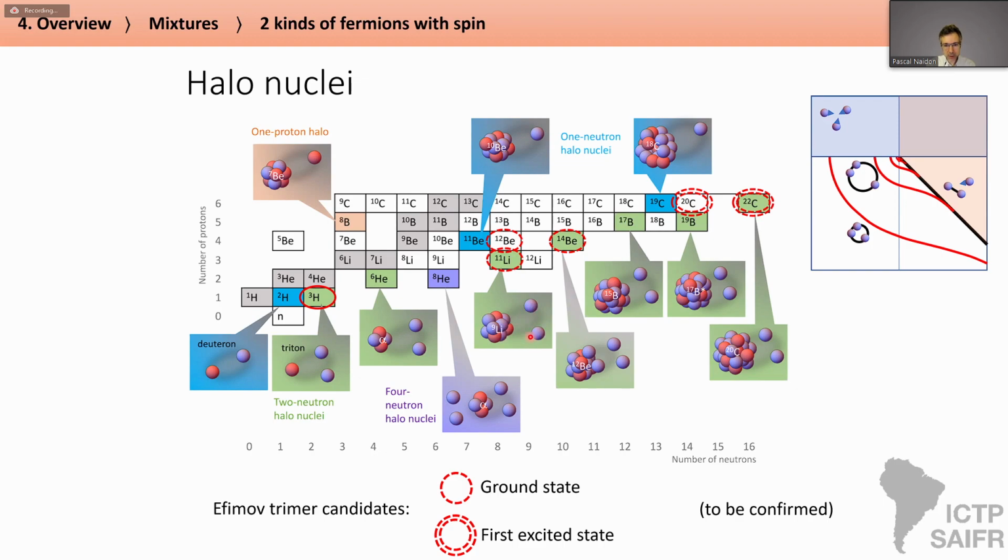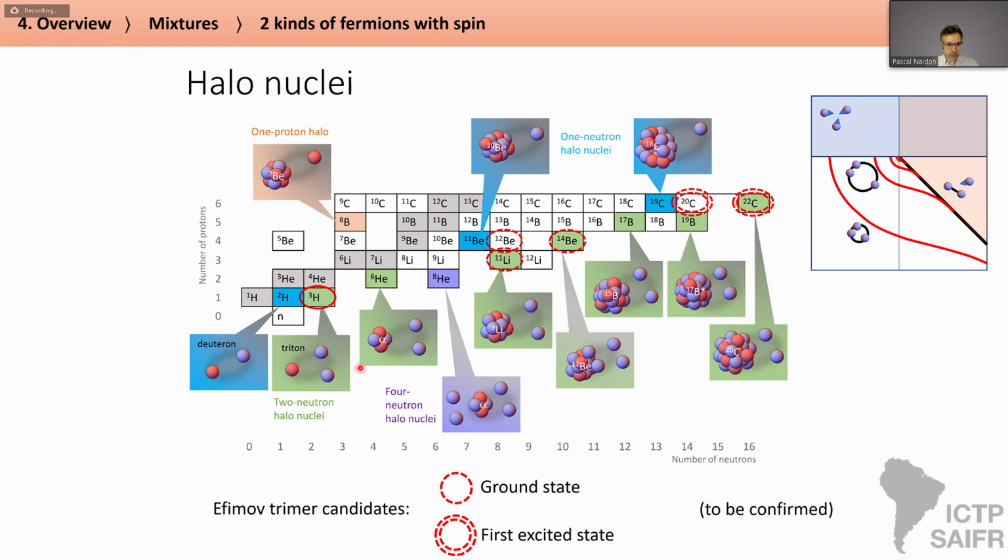As you know, in the zero-range theory, we do not know the three-body parameter, so that's a difficulty. Nevertheless, people have been able to characterize possible candidates of Efimov states among these halo nuclei and also some states that are not recognized as halo nuclei.